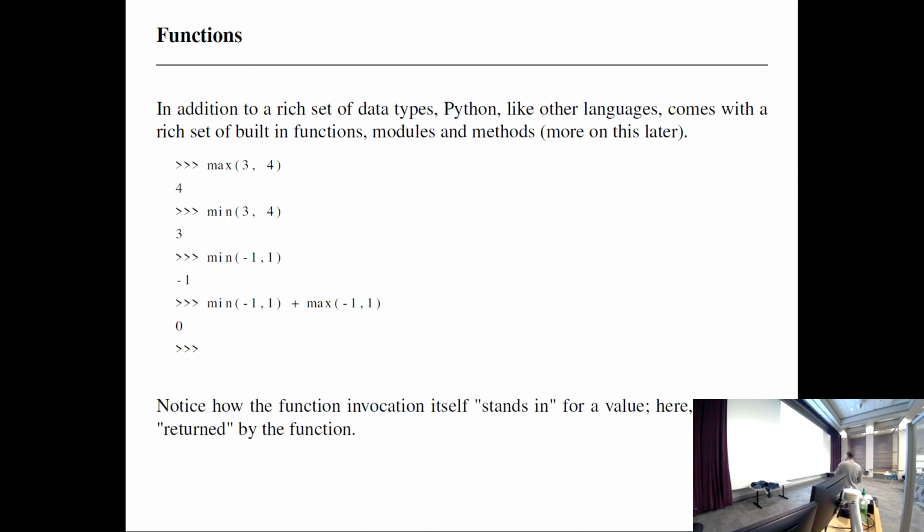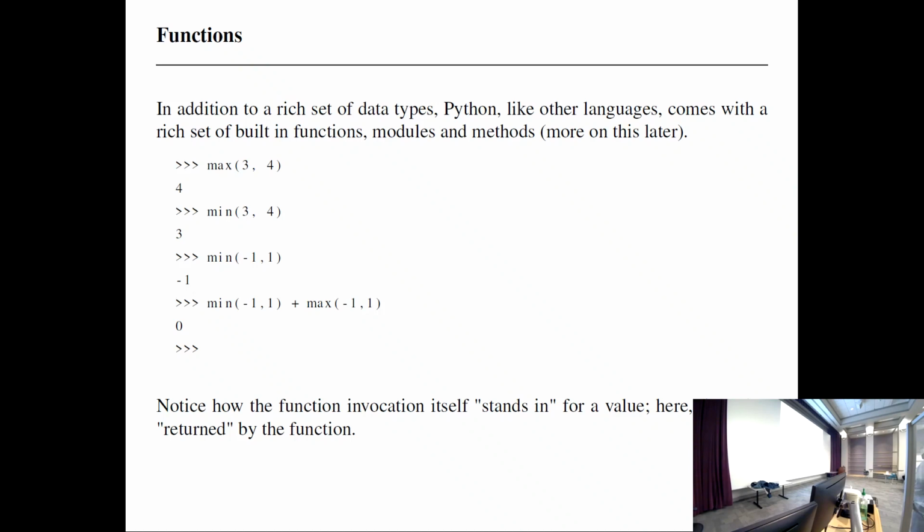So the function invocation itself, like min and max here, actually stands in for a value. So when I type this expression, I'm saying whatever the result of this function invocation is, gets added to whatever the result of that function invocation is. And because I don't know the results of those invocations, I must do that first.